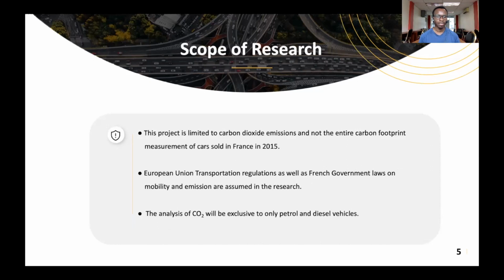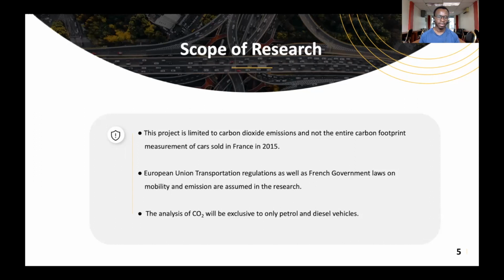Okay, scope of the research fell into three different aspects. The first part is it's only limited to carbon emissions, not the entire footprint of greenhouse gas emissions from cars, and is only measured for cars sold in France in 2015, as we'll see from the dataset. The second part is European Union transportation regulations, which France is part of, were considered, and therefore this is the restriction of this research.